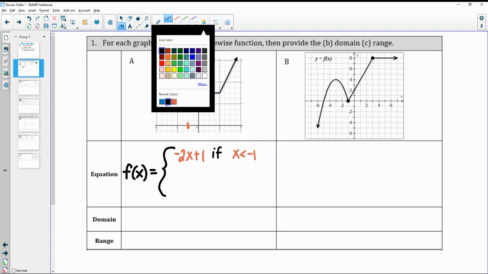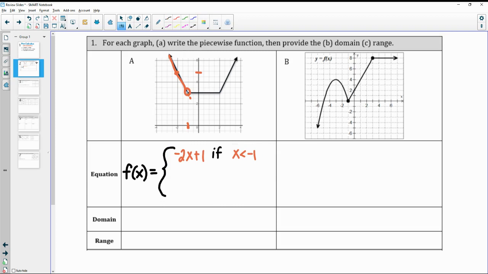Then this middle part of the graph is just a constant. And so I'm going to have this as a closed circle here, and I'm going to have it as a closed circle here. So this line is at a y value of 3, and it stays constant, meaning there's not going to be a variable. So this just stays 3 the whole time.